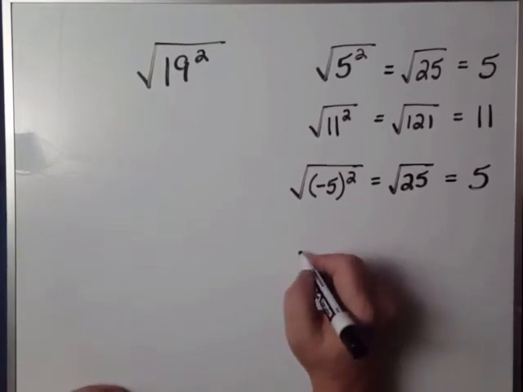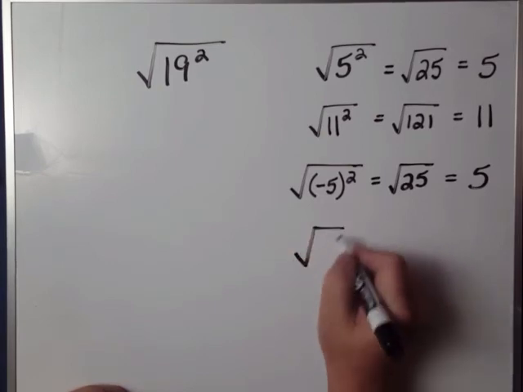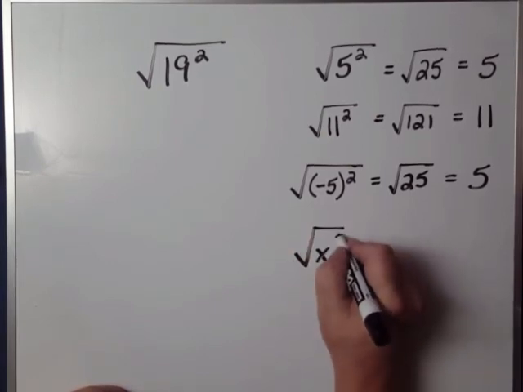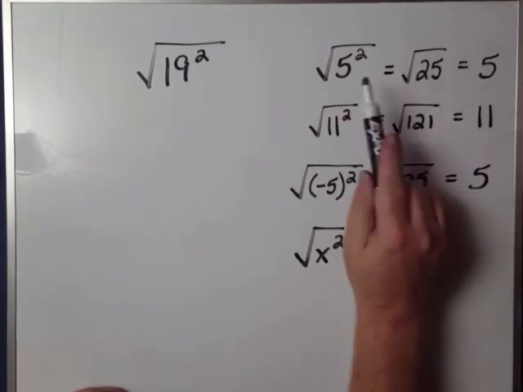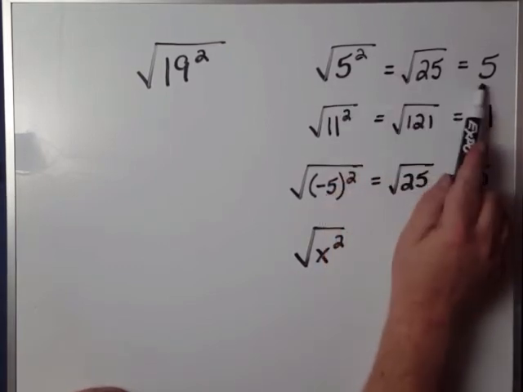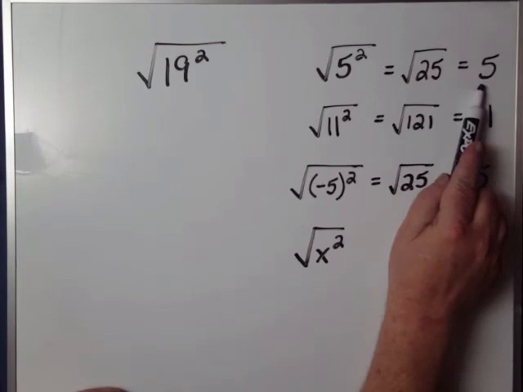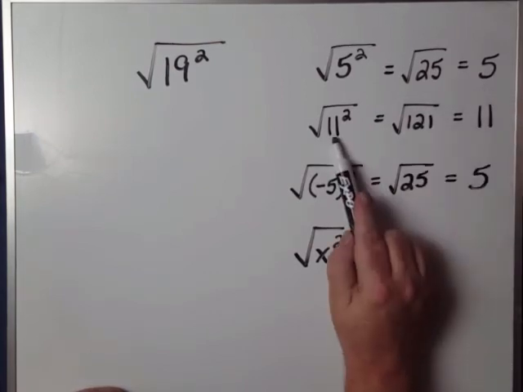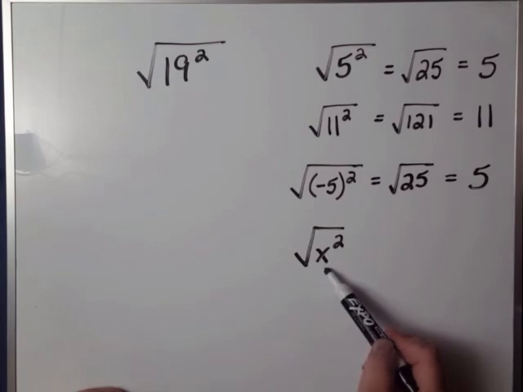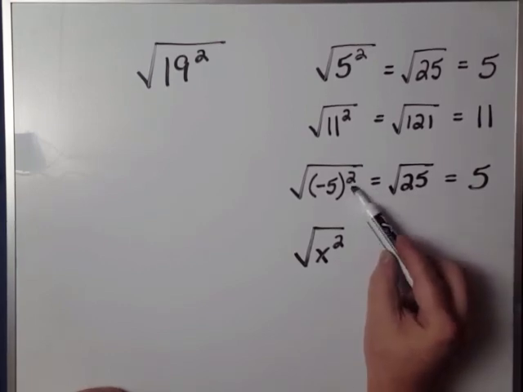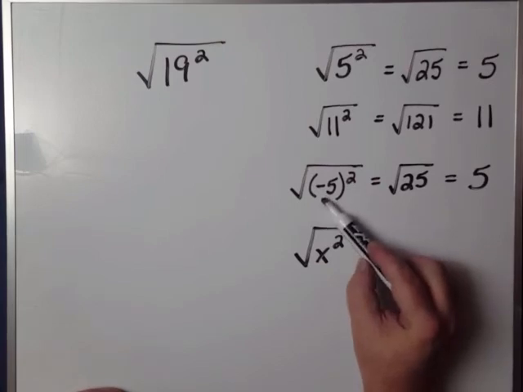So my question to you is this. What is the square root of x squared? Well, at first it looked like it would just simply be x itself, right? My 5 here, my 11 there. But what if x itself represents a negative number? Then squaring is going to clear that negative off.